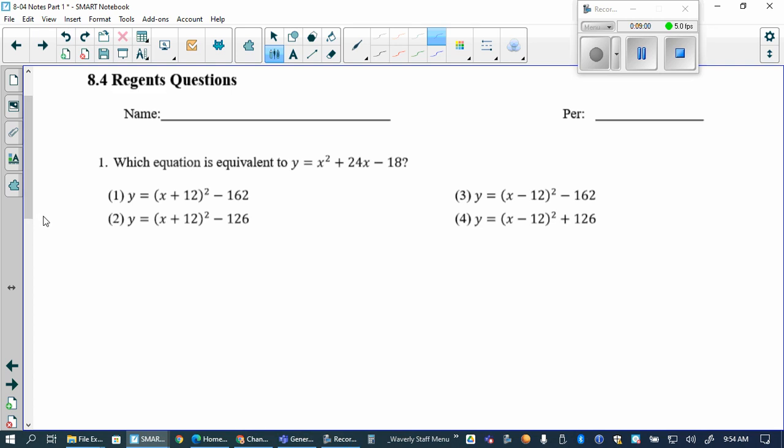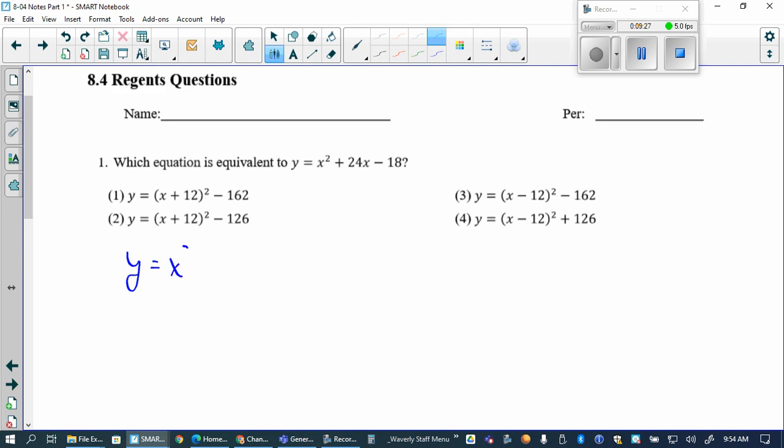As you're looking at those choices, what does it appear that you need to do in that original equation? What does it look like we need to do to that equation as you look at the answer choices? Complete the square, right? Okay. Do it. Let's complete the square.